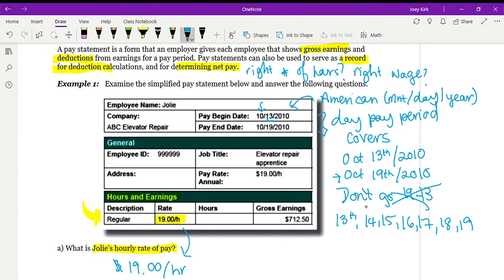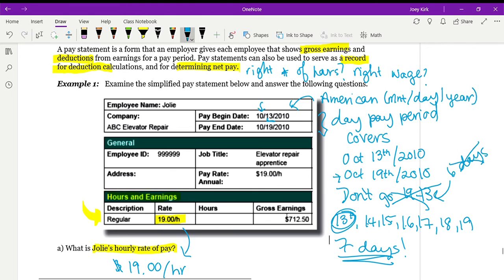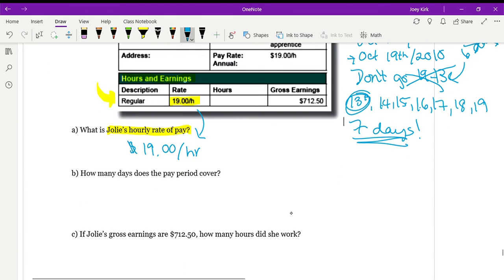So that's 1, 2, 3, 4, 5, 6, 7 days. Doing 19 minus 13 gives only 6 days, and that's wrong. You have to include the 13th. That's sometimes an error that happens. So 7 days, how many days does the pay period cover?